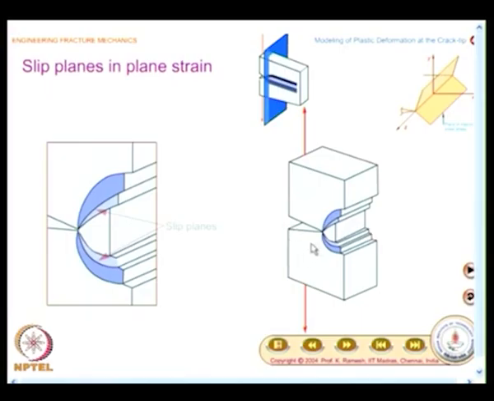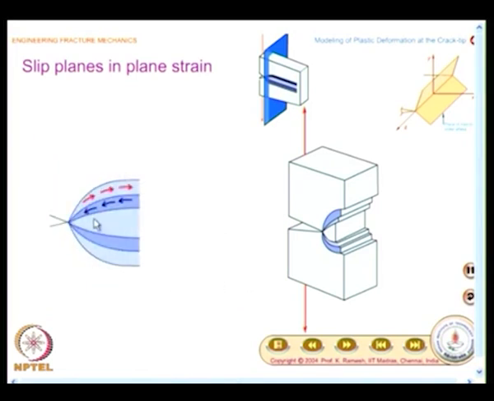You may not be able to capture all aspects, but definitely you could identify the maximum shear stress plane, and once you get into the material, several other factors dictate. So, the planes would be like this, the material would slip, and that is indicated by opposite arrows, and a two dimensional picture is also shown.